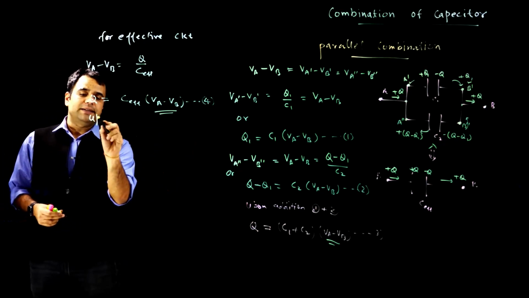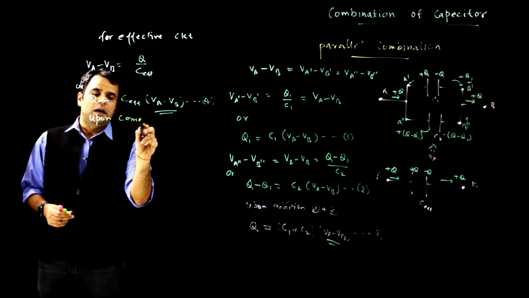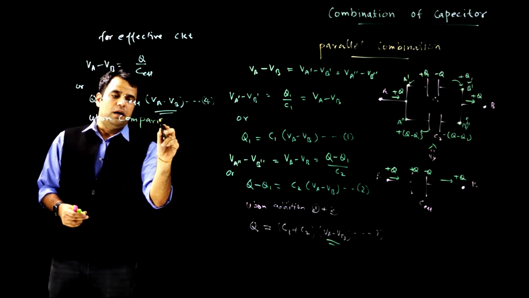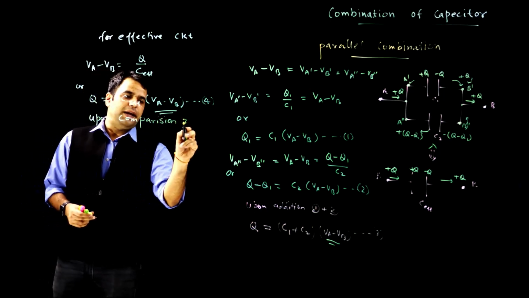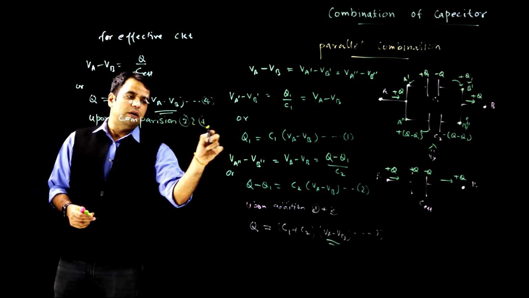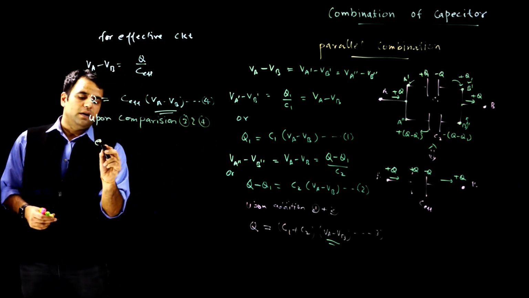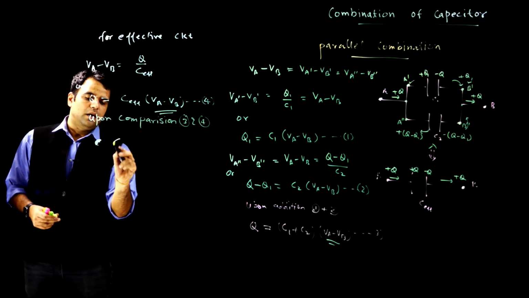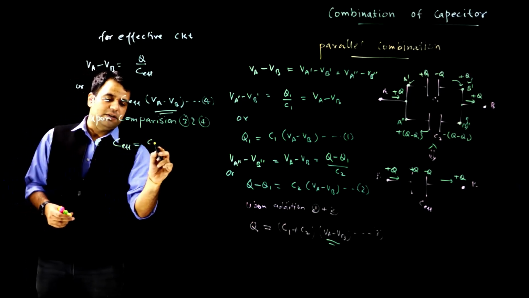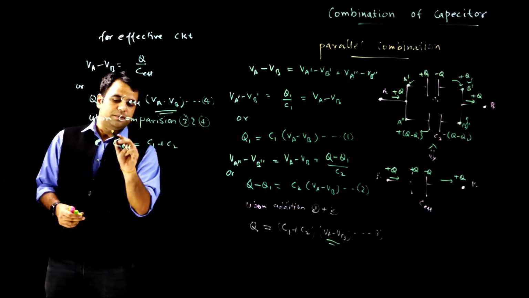So upon comparison between 3 and 4, we have C effective is equal to C1 plus C2.